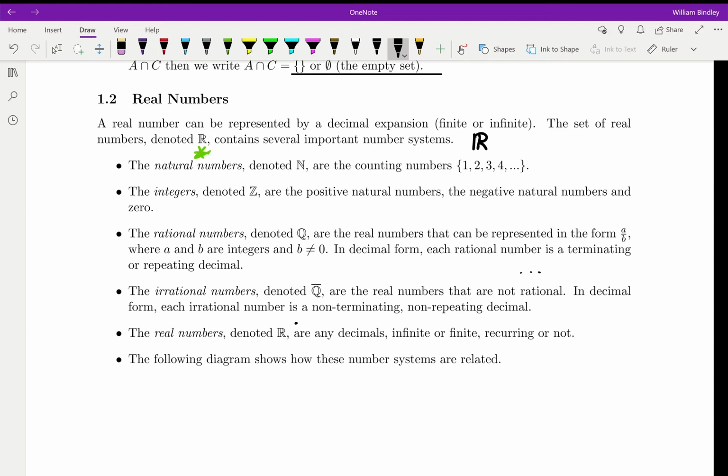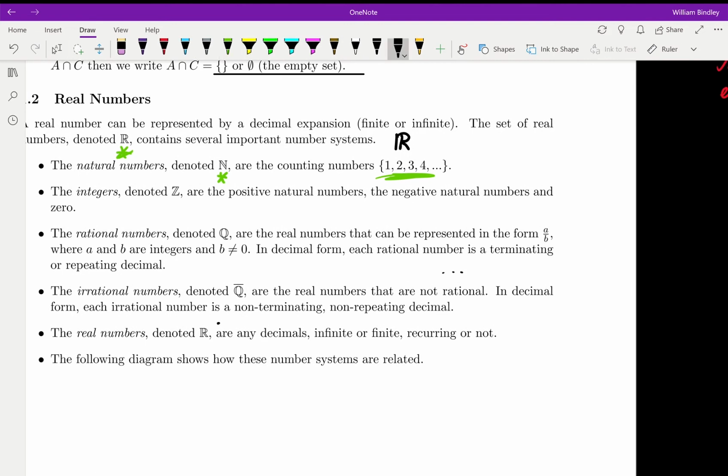One of the number systems it contains is the natural numbers, and that's denoted by this symbol here, an N, and they are just the counting numbers 1, 2, 3, 4, and so on. And in handwriting, the symbol for the natural numbers looks like this, or sometimes people will write it like this. They are the same thing.